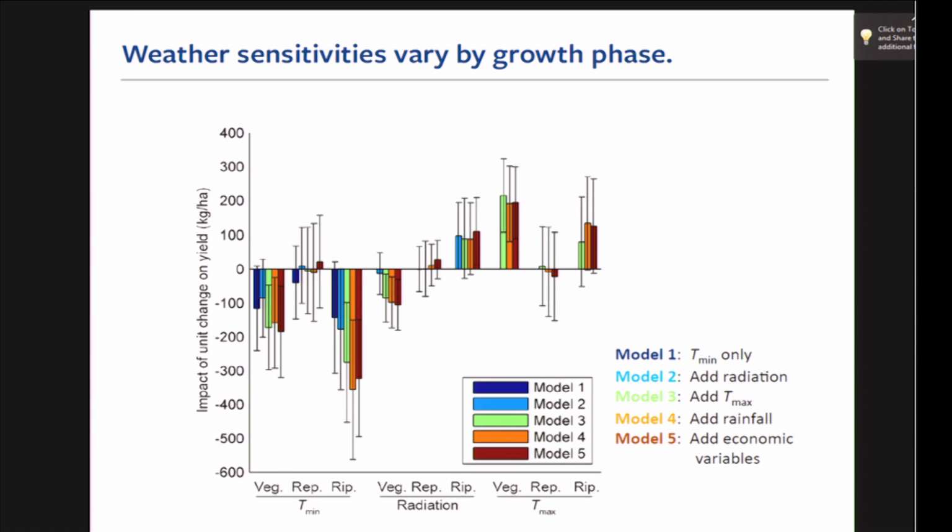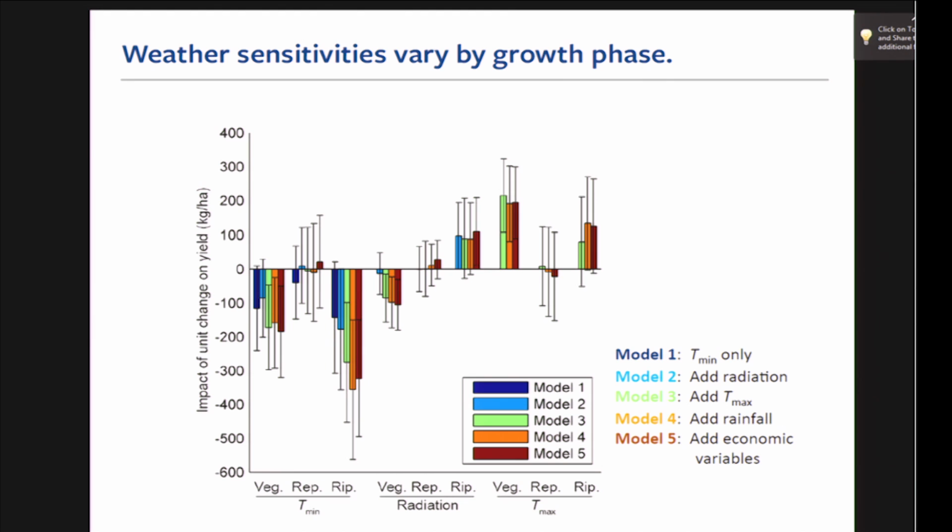So the goal here was to help people who come up with new varieties of rice design new strands of rice that are resistant to negative weather outcomes at the right part in the rice plant's life stage. So I'm not going to bore you with this picture very much, but what we're seeing is that warmer nights are bad for rice during the vegetative and the ripening phase.